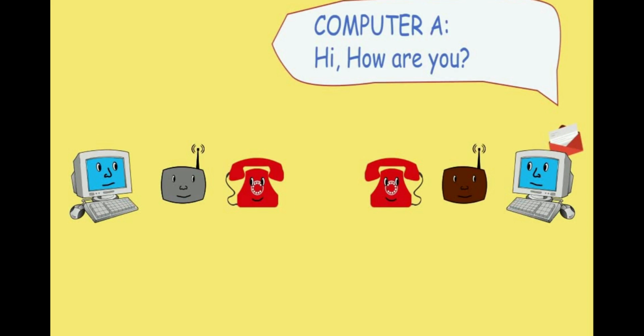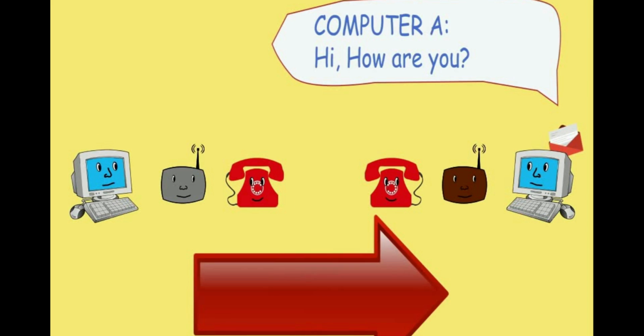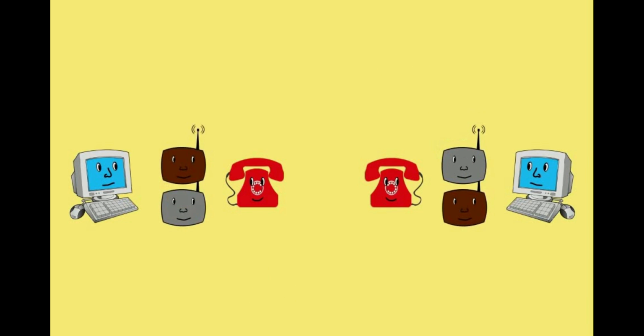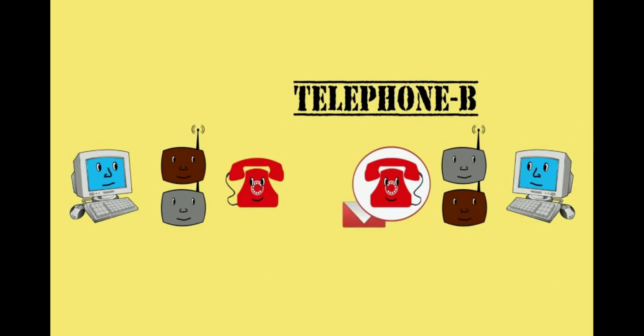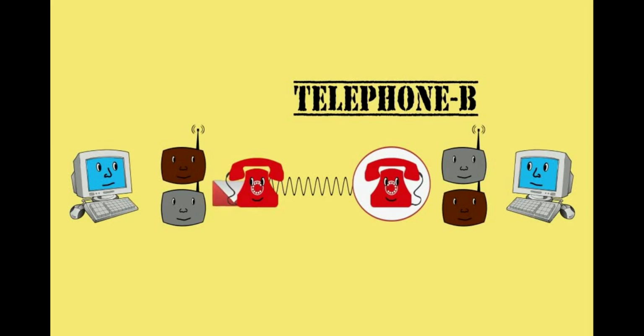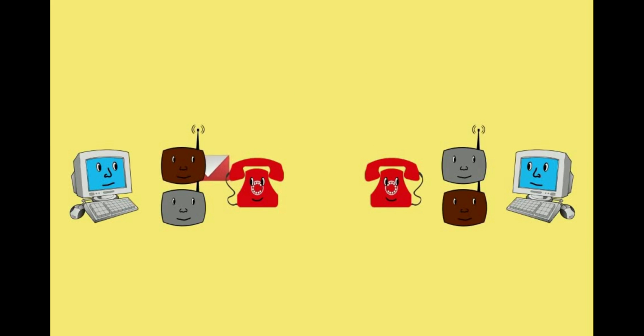In order to get the reply, we have to set up the whole setup from B to A. Modulator between computer B and telephone B. Analog signals from telephone B to telephone A. Demodulator from telephone A to computer A.